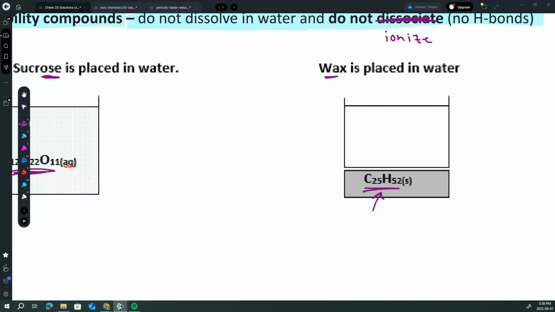So C25H52, that is nonpolar. Remember how like dissolves like? Well, nonpolar cannot dissolve in polar. Water is polar. So let's also write that. That's another way that you can look at molecular compounds and figure out if they dissolve in water.